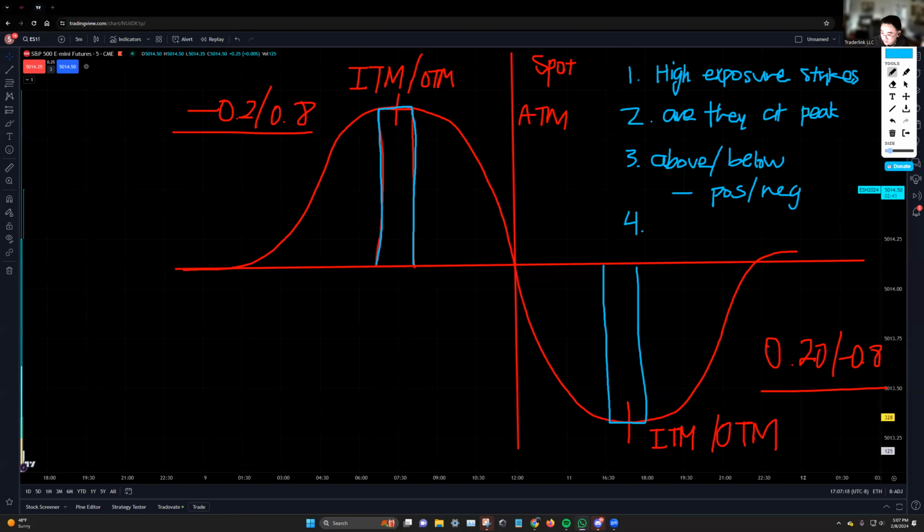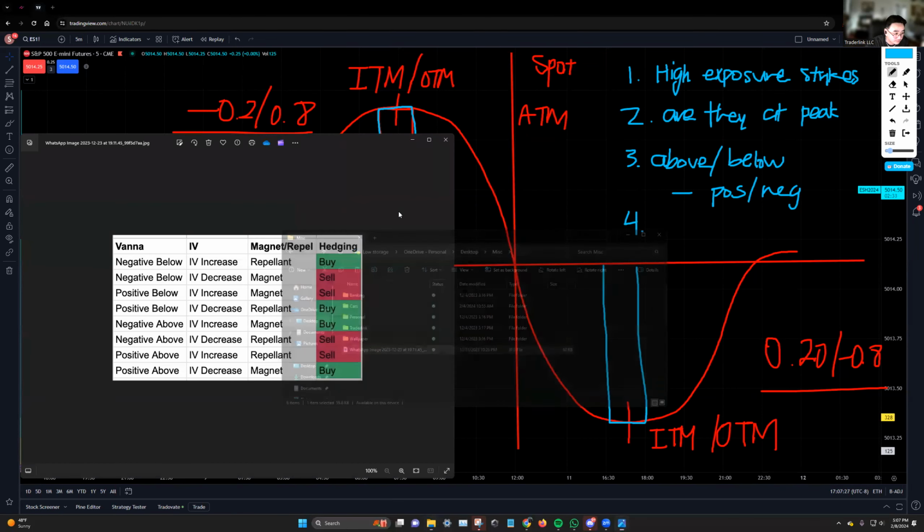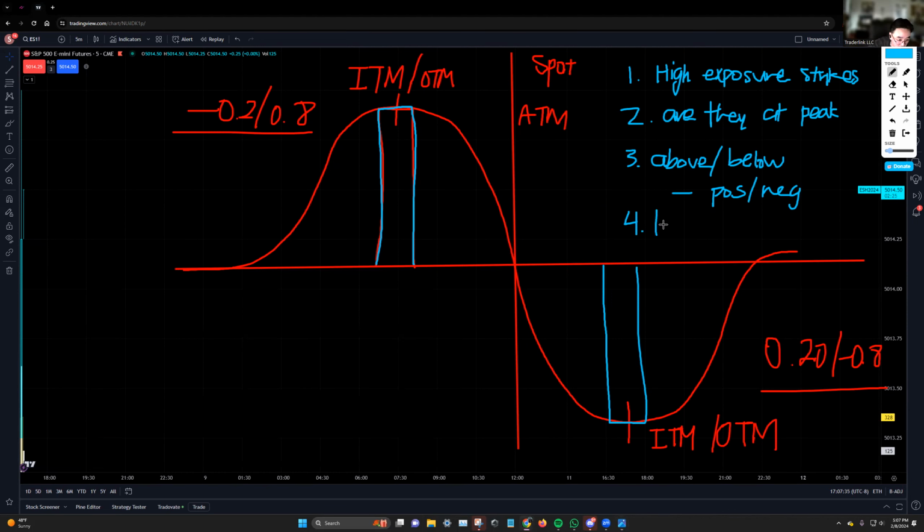Next step after is to look to your cheat sheet.